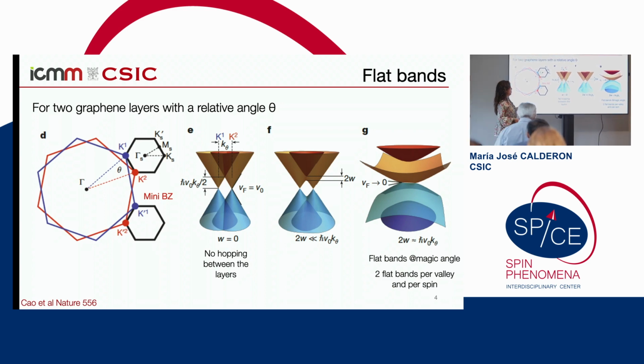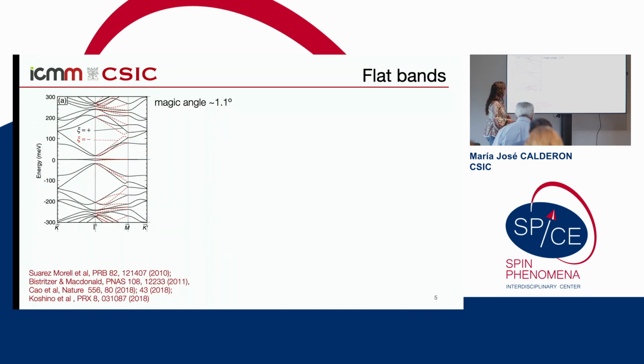And importantly, we have two flat bands per valley and per spin, okay? So we'll see that we have up to 8 electrons that we can fill in these flat bands.